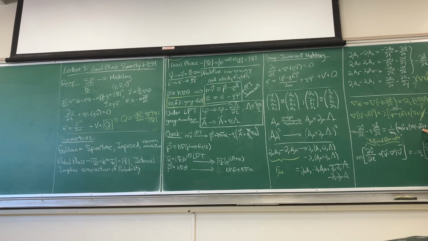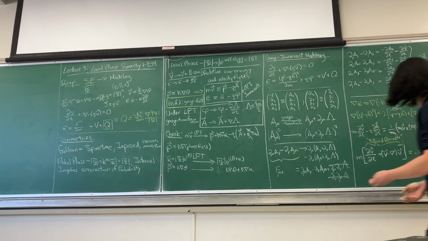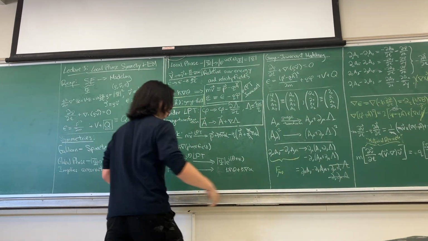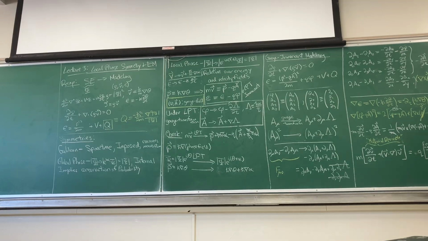We have curl of A, and the q factors out because I'm pulling it out of this. So we have plus curl of A, and then plus these things, or minus these things, right? So it's minus gradient of V plus Q. Okay, so this thing you should now recognize, right? This is the electric field.